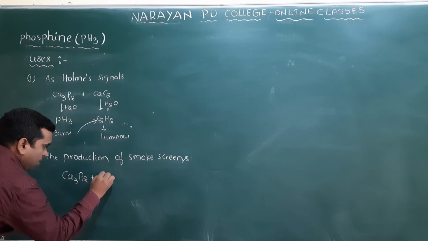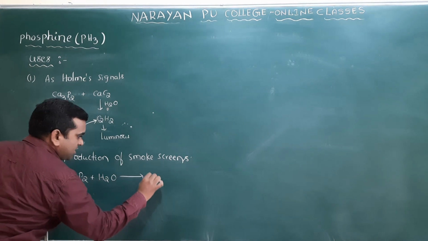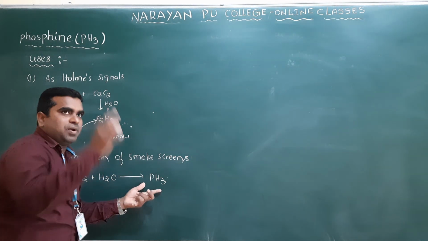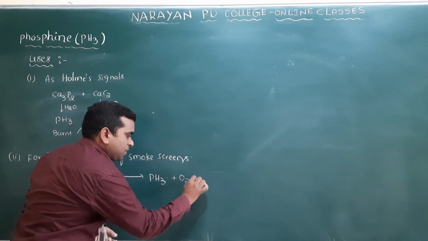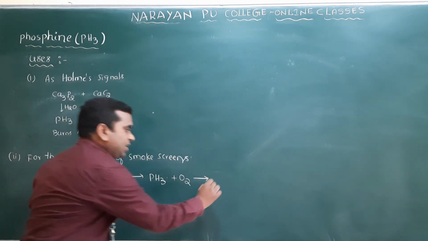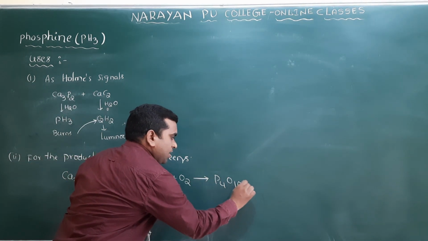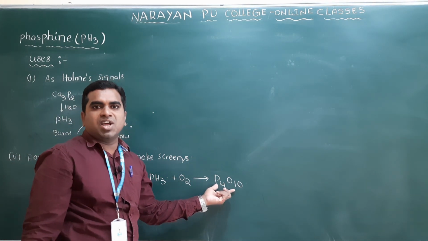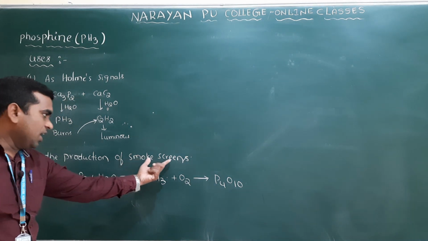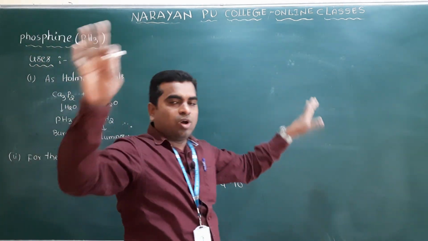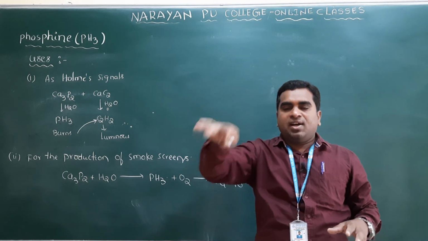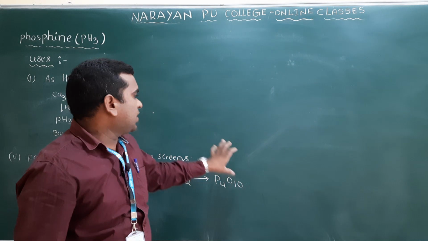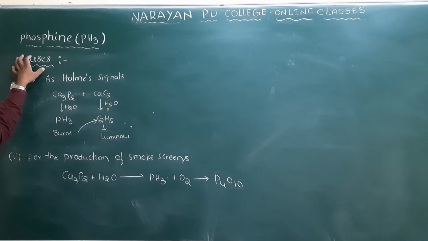There it reacts with moisture and turns into phosphine, and this phosphine reacts with the oxygen present in the air and is converted into phosphorus pentoxide. As I mentioned yesterday, phosphorus pentoxide gives white dense fumes that act as a smoke screen. Smoke occupies that whole space, so we cannot see others. So these are the two main uses of phosphine.